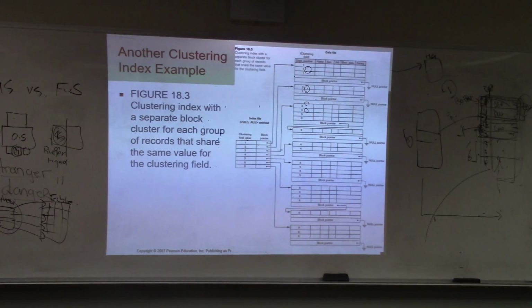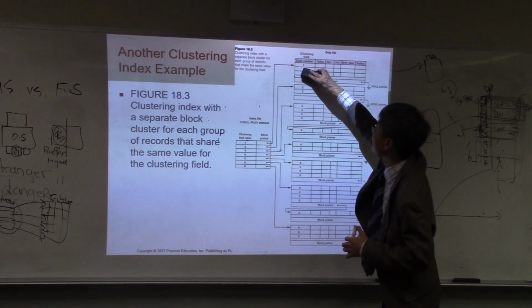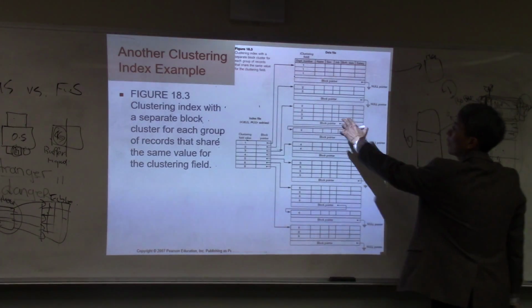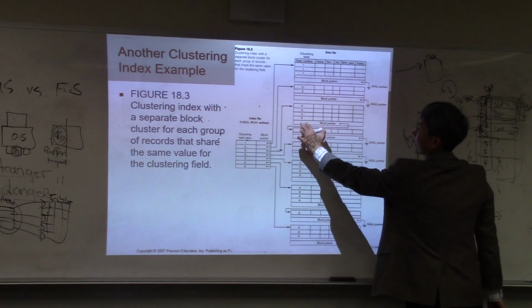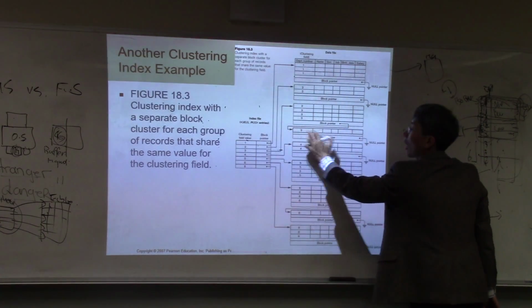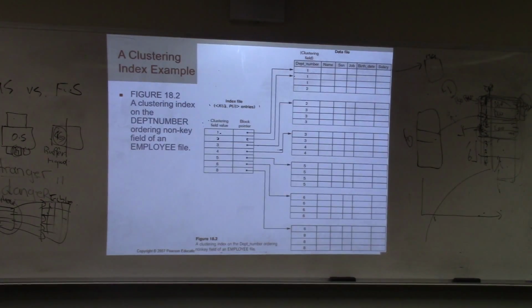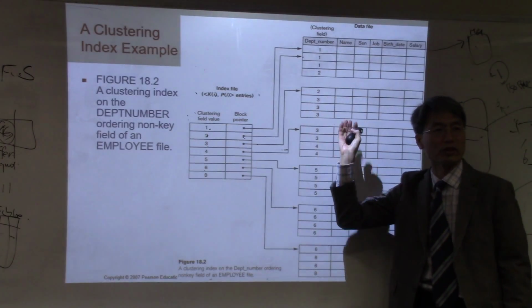This is more popular. So in this case, it's a clustering, but the same value will be in the same block. What if we have more data, larger than the blocking factor, for example 3? At that time, we can point to another block. Then we can make it. However, if we use this one, it's not easy to point.